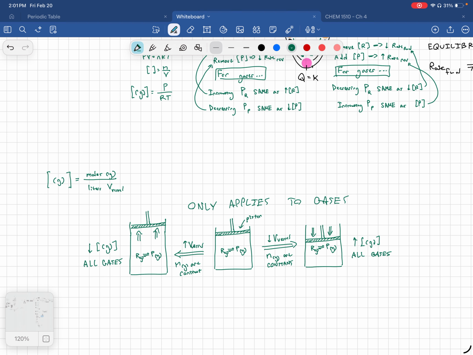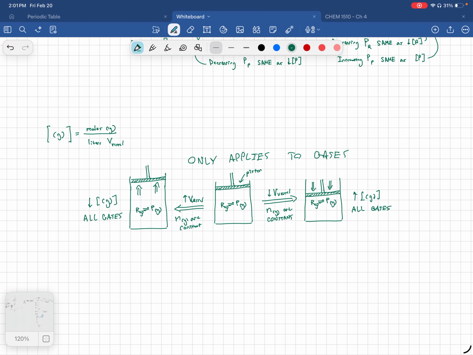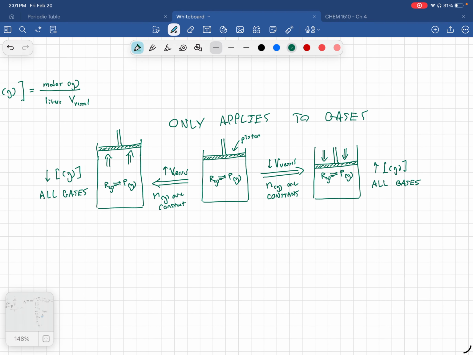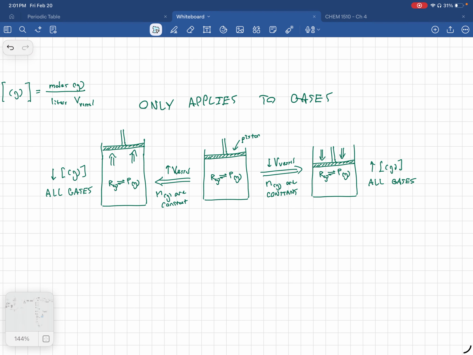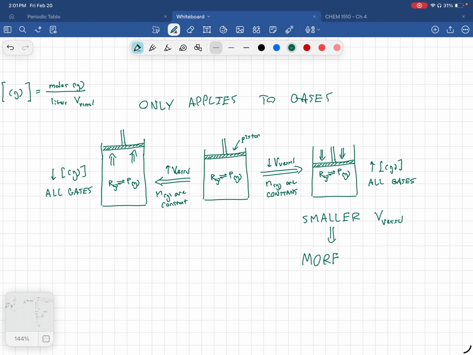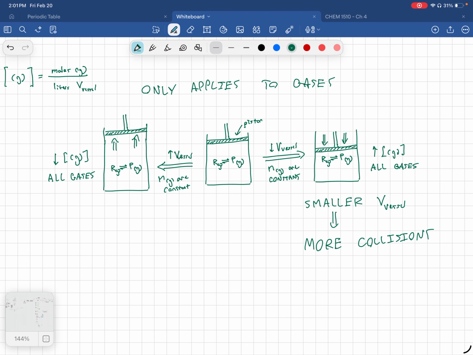So this leads to the following consequence: a smaller volume for our container, our vessel, means more collisions between particles. You learned about that previously.